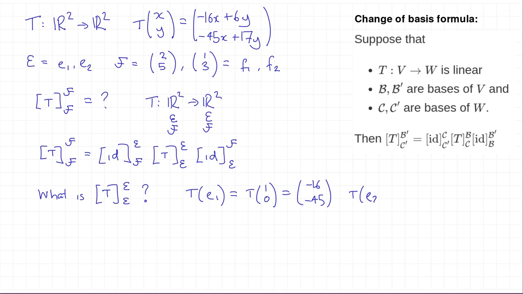And T of e2, that's T of (0, 1). Again, you can substitute x equals 0 and y equals 1. When you do that, you get (6, 17). So that first calculation told me the first column and the second told me the second column of this matrix. And so the matrix of T with respect to initial and final bases E is the matrix (minus 16, 6; minus 45, 17).